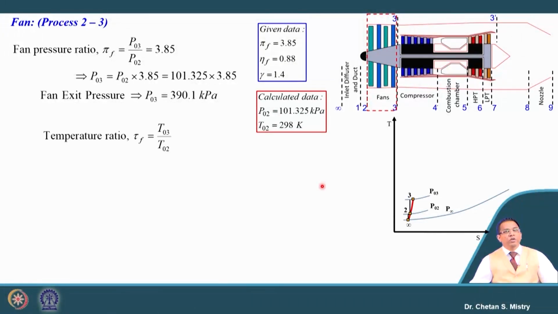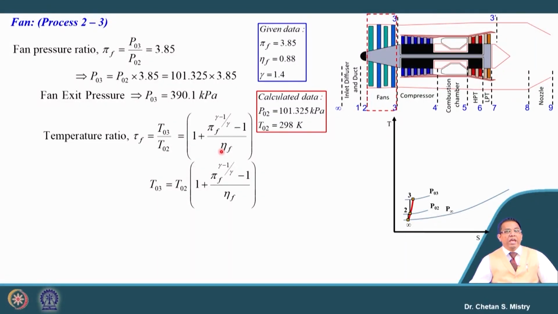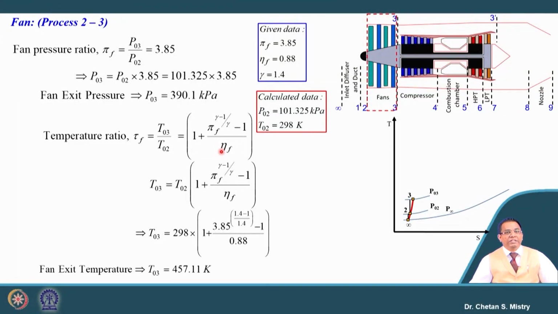Now, what we know is that my temperature ratio can be correlated in terms of my pressure ratio and efficiency. Since we have our pressure ratio known to us, 3.85, and fan efficiency is 88%, I can calculate my exit temperature, and this exit temperature is 457.11 Kelvin.